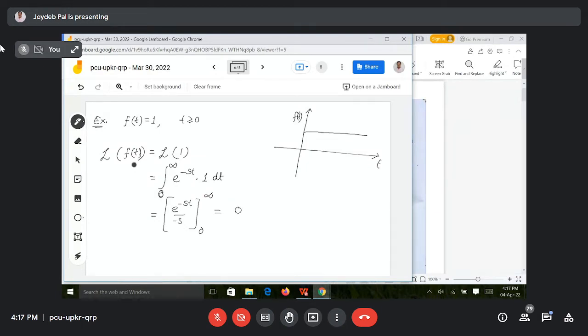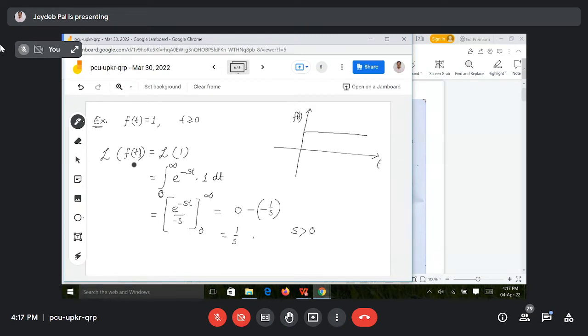And minus, if you put t equal to 0, it is minus 1 by s, which equals 1 by s, provided s is greater than 0. That is why e to the power minus st, as t tends to infinity, is 0.